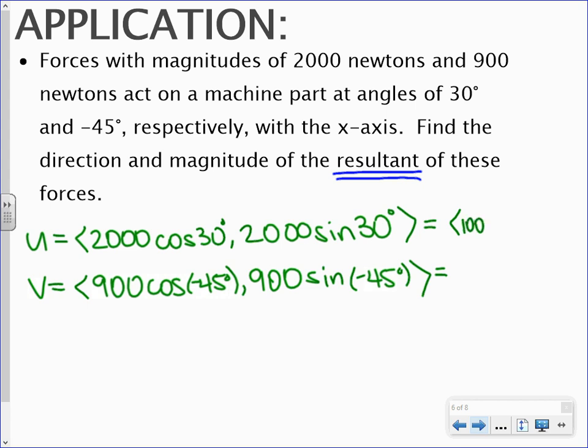So I'm going to write 1,000 radical 3. And then this is 2,000 times 1/2. This is 900 times radical 2 over 2. And then this is 900 times negative radical 2 over 2.